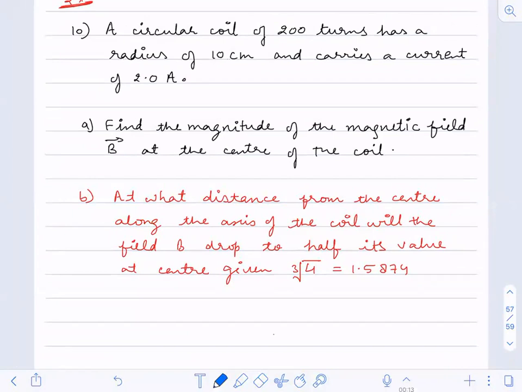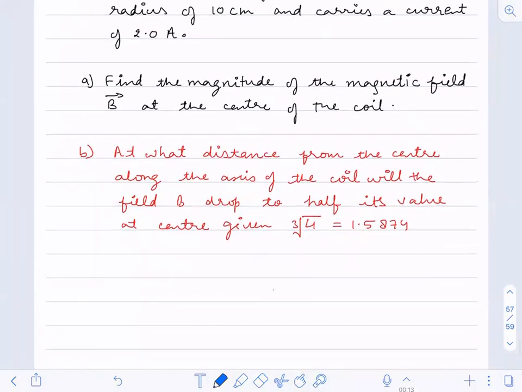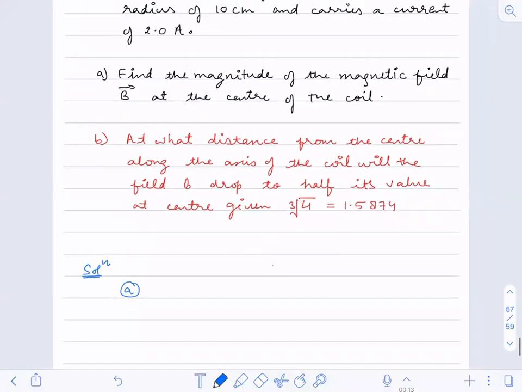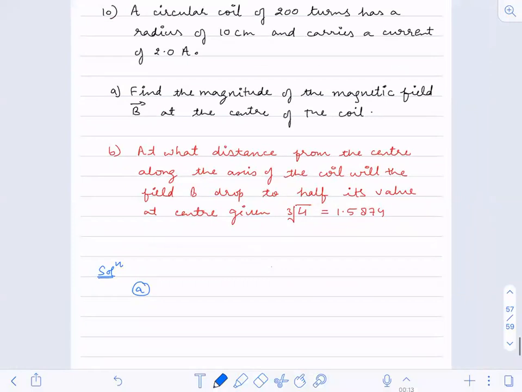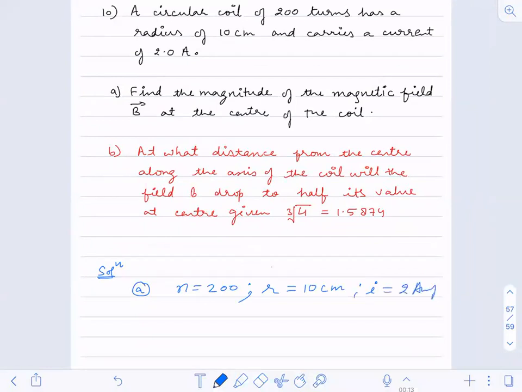So for the solution of part A, n is given as 200 turns, radius is given as 10 centimeter, and the current is given as 2 ampere. Now the magnetic field: how do I write it?